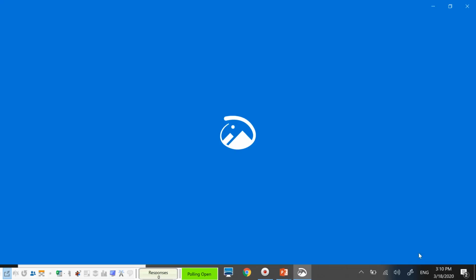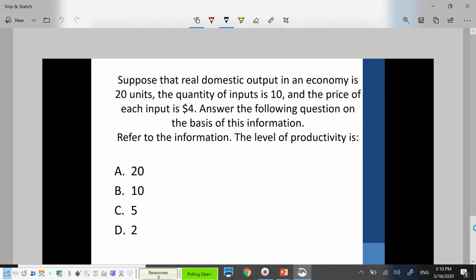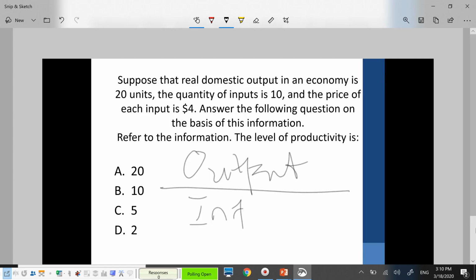This is asking you the level of productivity. The formula is the number of output as numerator and number of input as denominator. And here it tells you that the output is 20 and how many input we're having, 10. So D is the correct one.